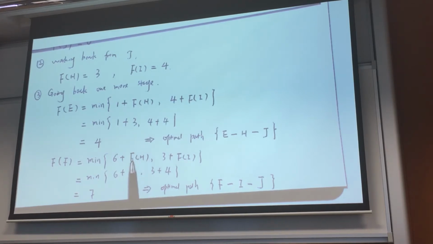Now you know the idea. We are using the optimization results from the previous stage.